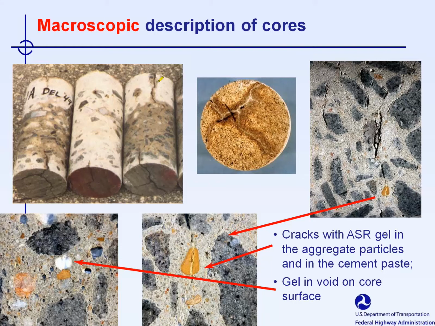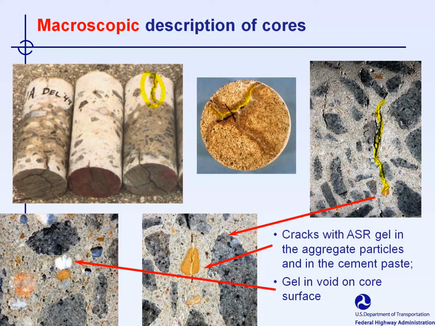During the macroscopic description of the cores, as mentioned earlier, features of deterioration will be noted, such as the presence of the macro crack at the surface of the element, the presence of exudation of gel or efflorescence at the surface.